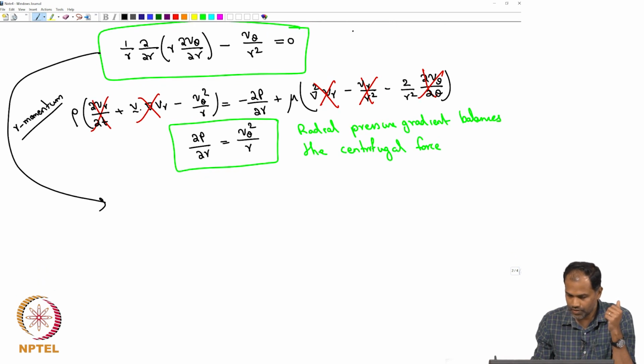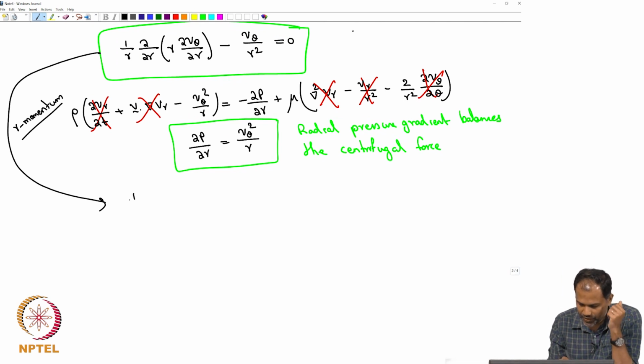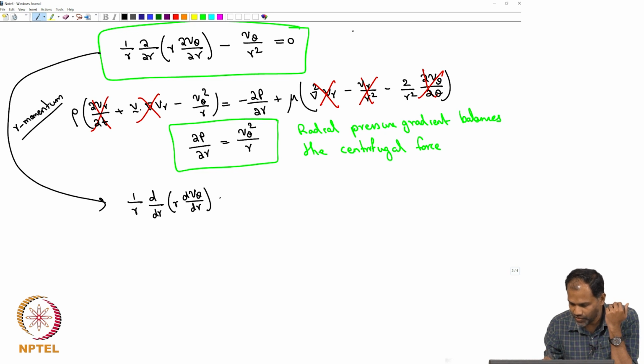So, the equation, let me write down again: 1 over r d by dr of r dv theta by dr minus v theta by r square is equal to 0.